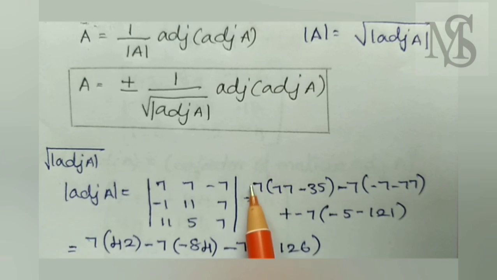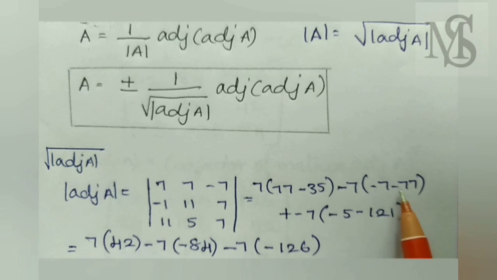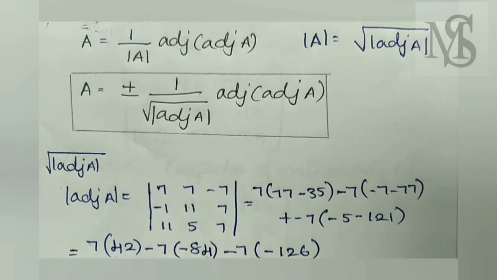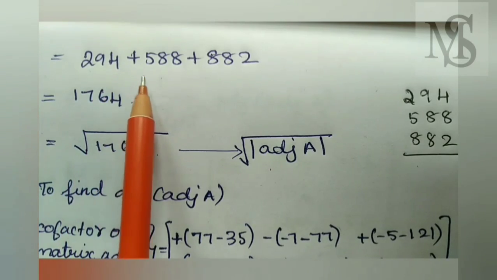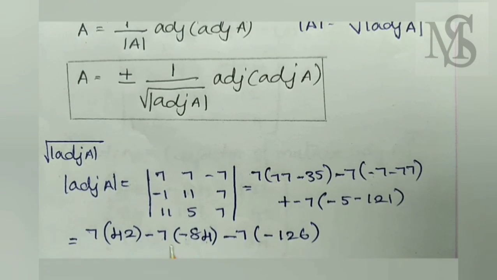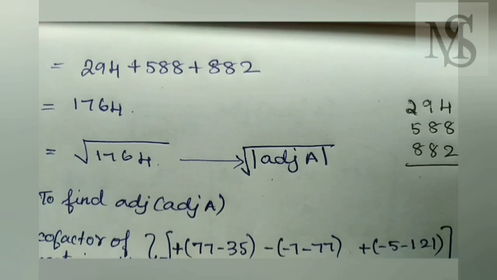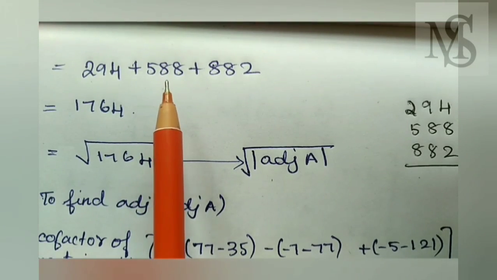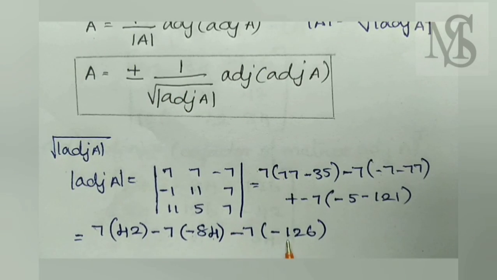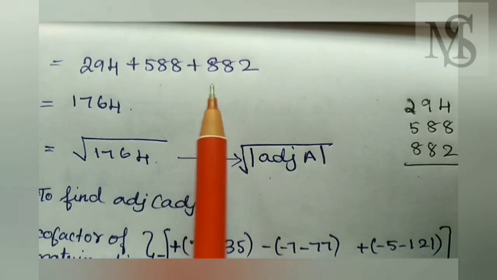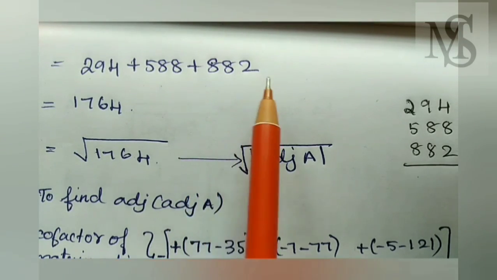Now we have to solve this. 7 into 77 minus 35 is 42, minus 7 into minus 7 minus 77 is minus 84, minus 7 into minus 5 minus 121 is minus 126. Now 7 into 42 is 294, minus 7 into minus 84 is, minus and minus become plus, 588. Next, minus 7 into minus 126, here also minus and minus become plus, 882.